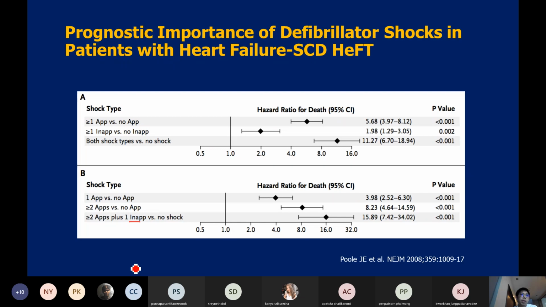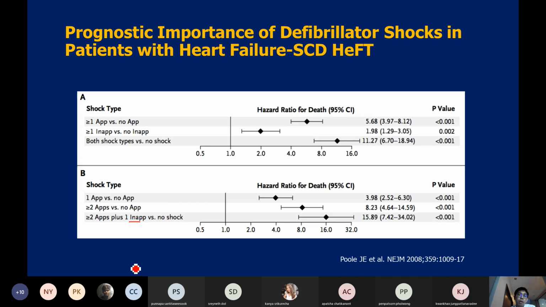This is called inappropriate therapy. Or the defibrillator sees another rhythm that doesn't need to be shocked, such as atrial fibrillation, and it misunderstands it as VT and gives a shock. This is called inappropriate shock, which also increases the mortality of patients.